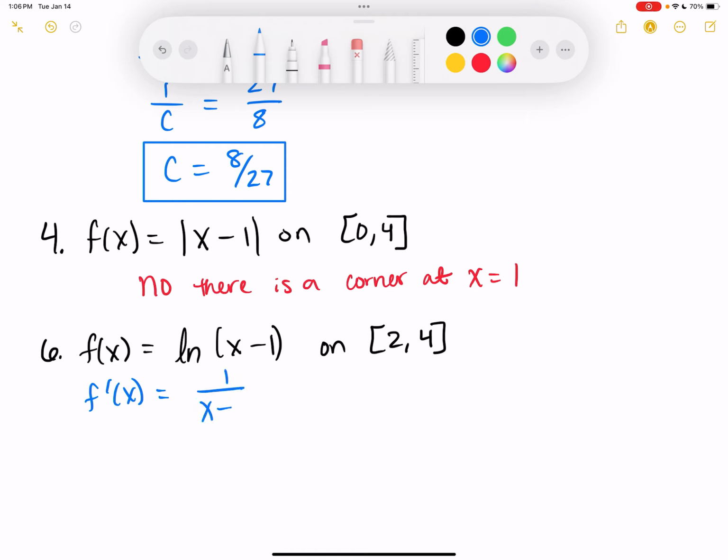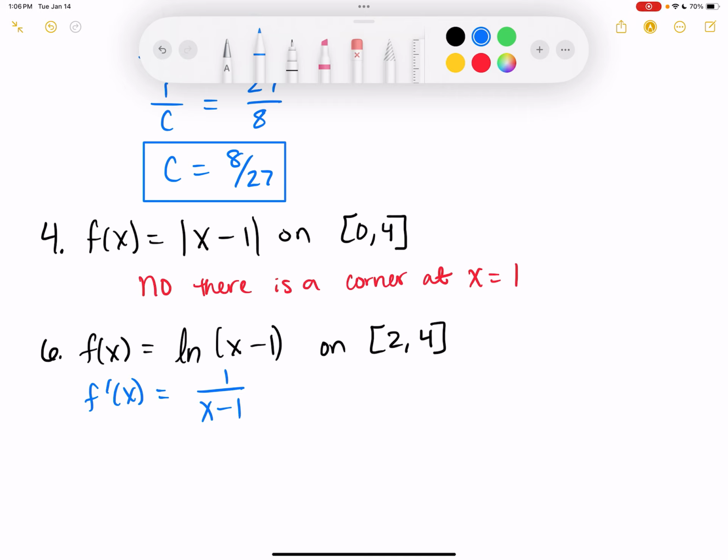Technically, the derivative of the ln of x is 1 over x, but it's over whatever's in the parentheses, so 1 over x minus 1. X minus 1 is u, but the derivative of x minus 1 is just 1, so yes, it is a chain rule, but since it's just being multiplied by 1, we don't need to do anything with that.